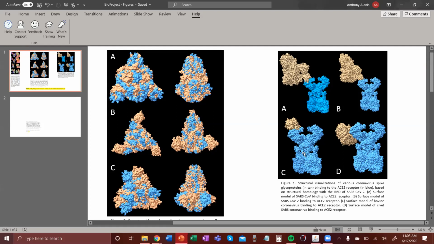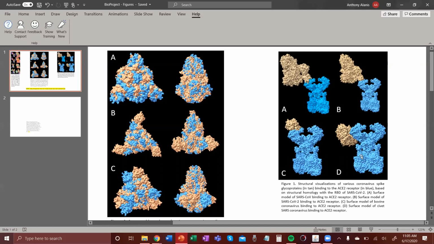Will the binding affinity be high enough so that it will be considered infectious and it will spread in the body? So in every single one of these panels, I use the same exact ACE2 receptor.